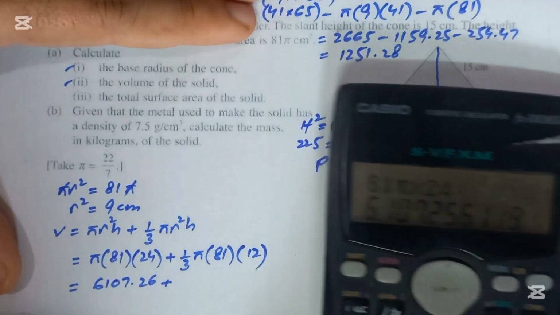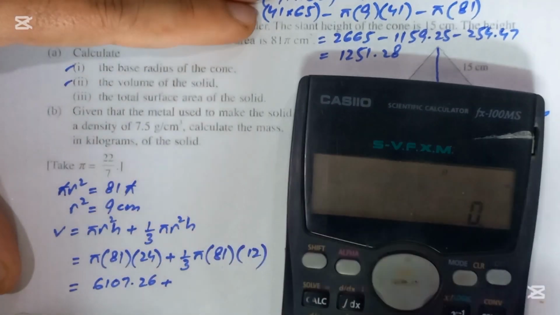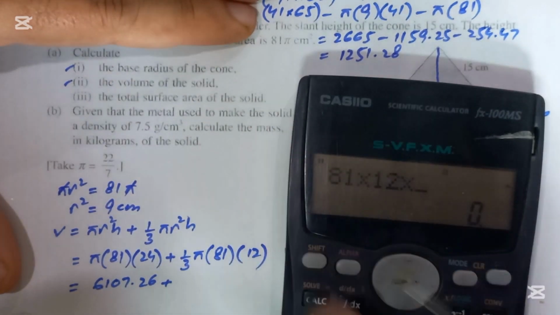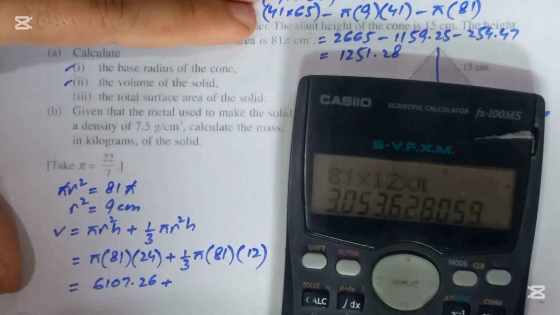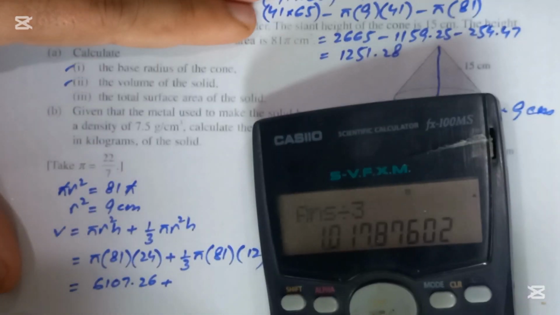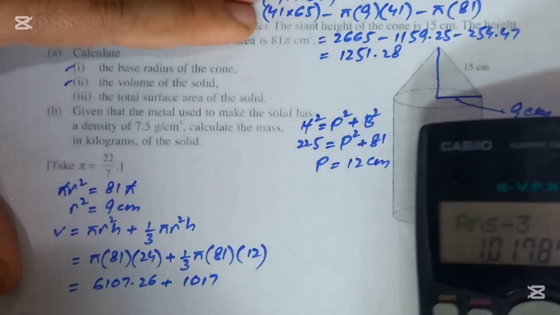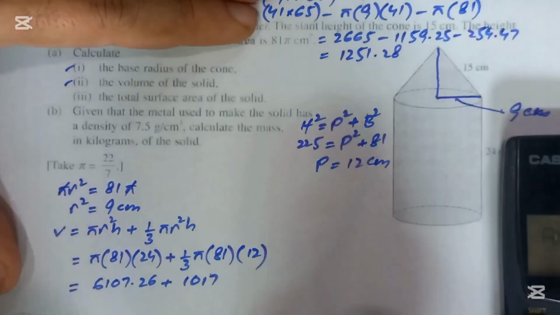Solve it on the calculator. 81 into 12 into pi divided by 3. Answer is 1017.88.